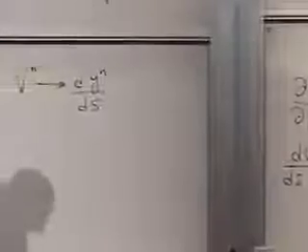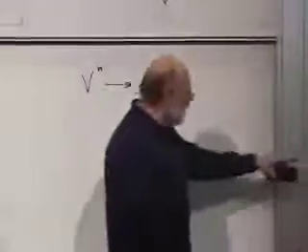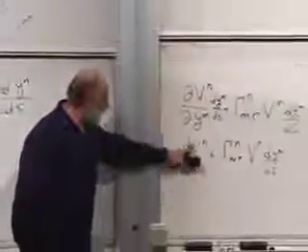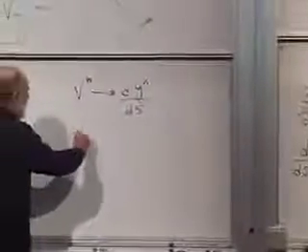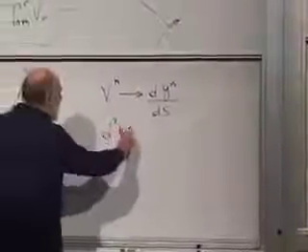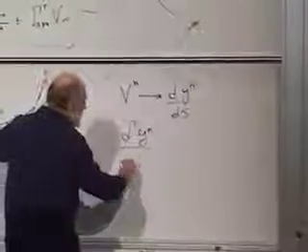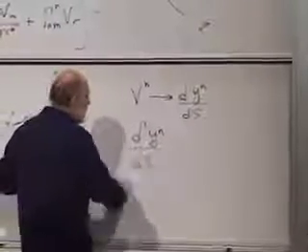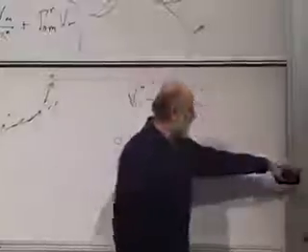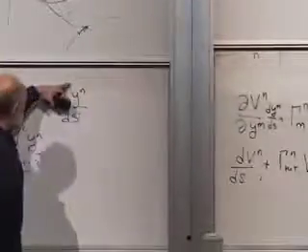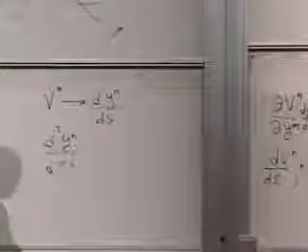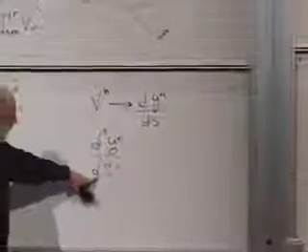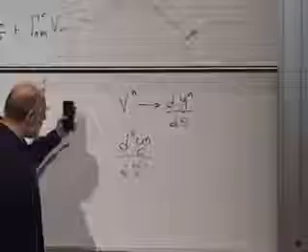So let's just plug it in. First of all, what do I get for dvn by ds? That becomes the second derivative of yn with respect to s. It's just the derivative with respect to s of the derivative of y with respect to s. So that's a second derivative of y along the path length.